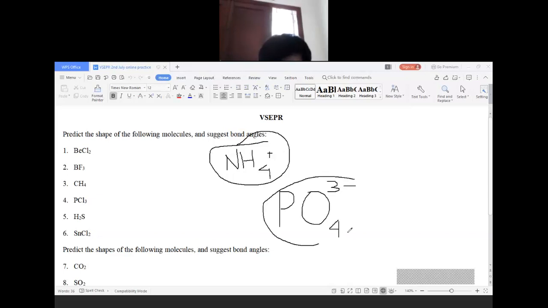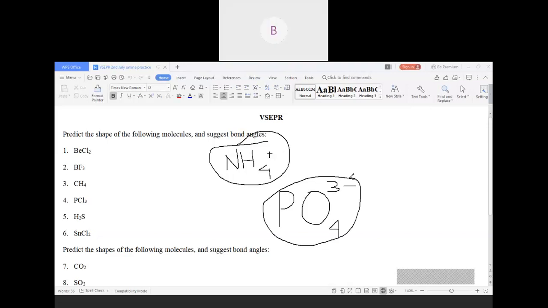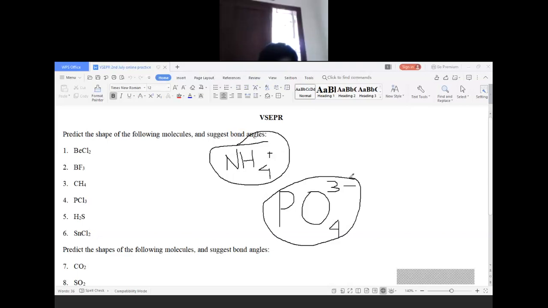For this phosphate, let me ask Bhavya. Hello, Bhavya. Yes, teacher. Bhavya, could you tell us how many bond pairs there are in phosphate?